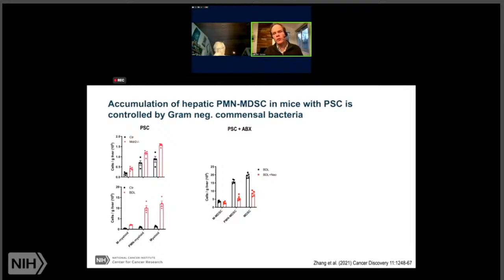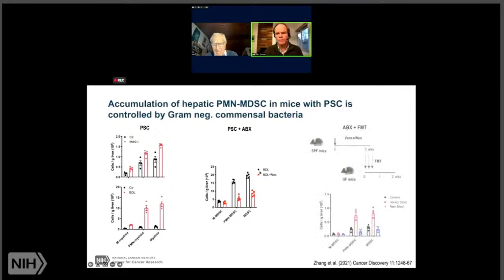Now, if we treat these mice specifically with neomycin, you can see that the accumulation of these myeloid-derived suppressor cells is no longer present. And we perform FMT studies, where we take regular mice kept under SPF conditions and treat them either with vancomycin to target gram-positive or neomycin to target gram-negative bacteria, harvest stool samples from these mice, and then transfer these into germ-free mice.